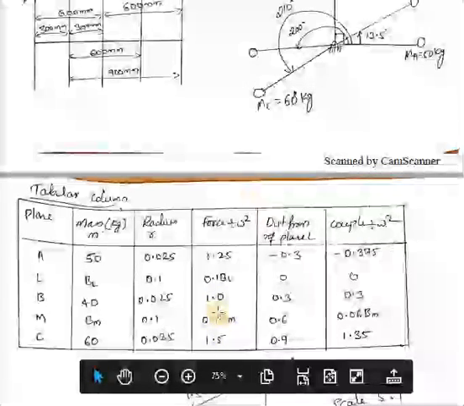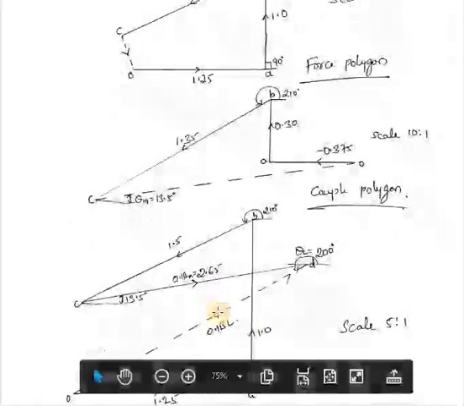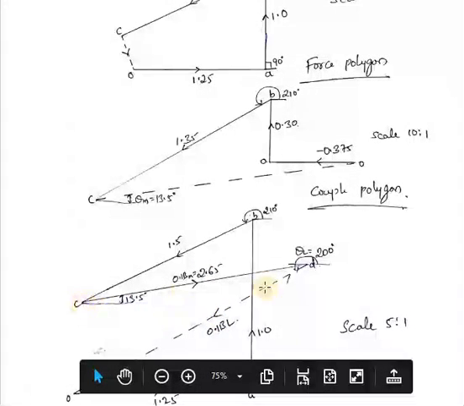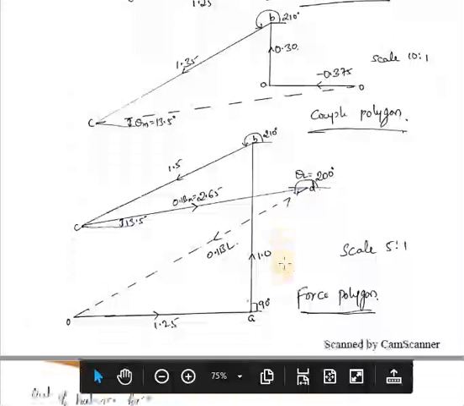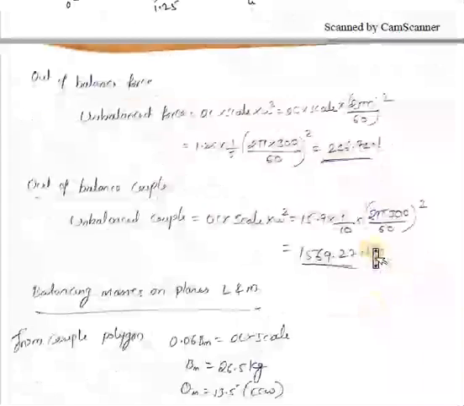Then at last you can take this 1.1 bm, and that value you already got from the couple polygon. So C to D, 2.65 in magnitude and the angle is 13.5. Then join this D to O to complete the polygon, and the length of this D to O should be equal to 0.1 bl, and this angle is going to be your theta L. For this I have taken the scale as 5:1. So now looking at the calculation part.